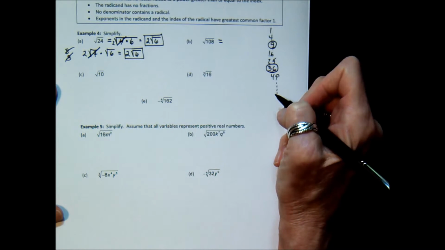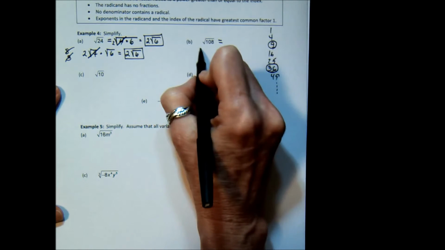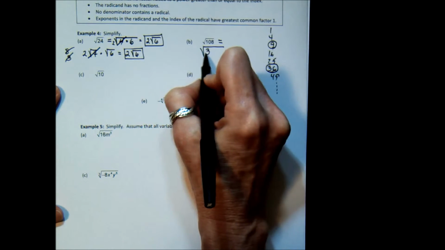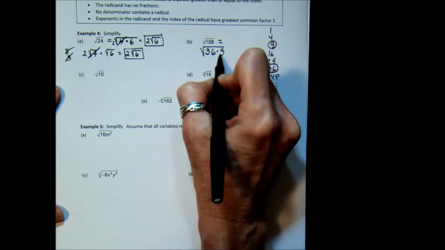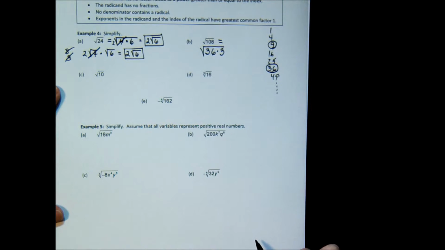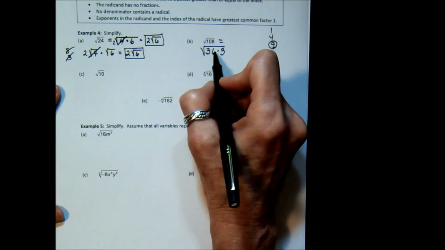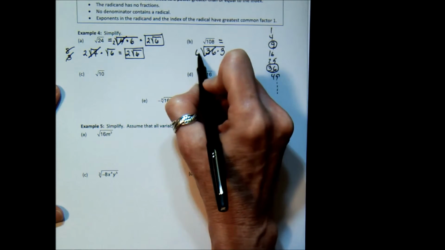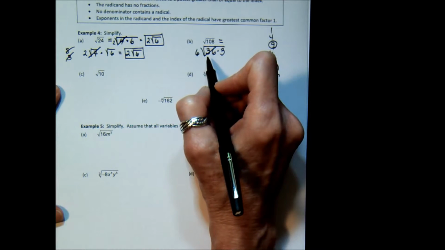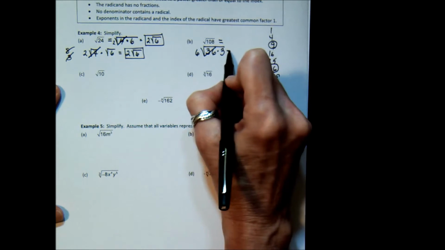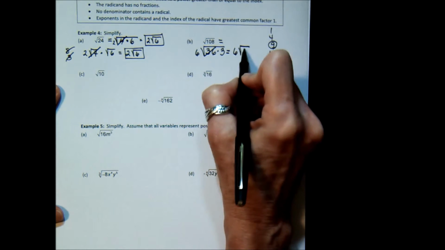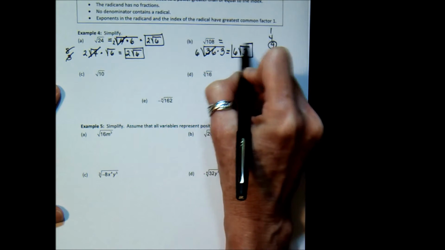You always want to break your number down into the largest perfect square factor, because then you only have to break it down once. It's like simplifying a fraction: you want to use the greatest common factor. Here we want to use the greatest perfect square factor. Square root of 36 is actually 6, so cross that off to show that you took the root, and what you're left with is 6 square roots of 3.